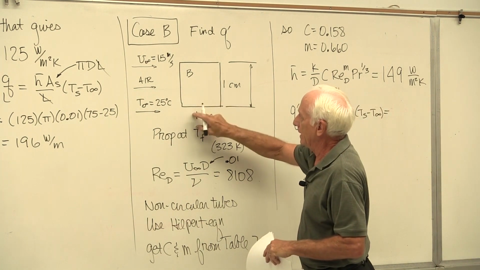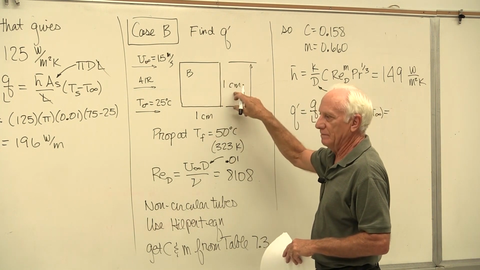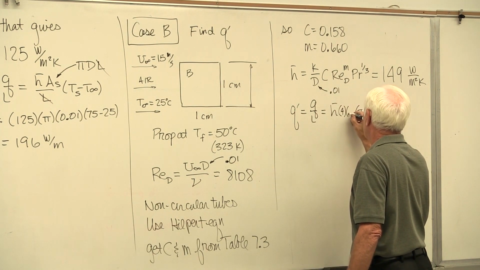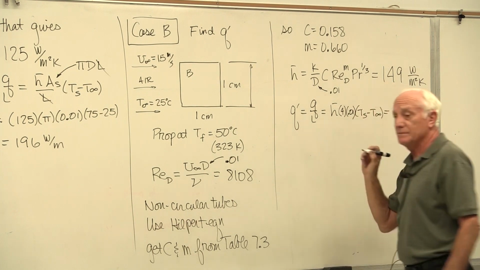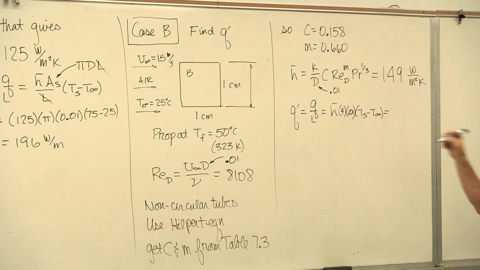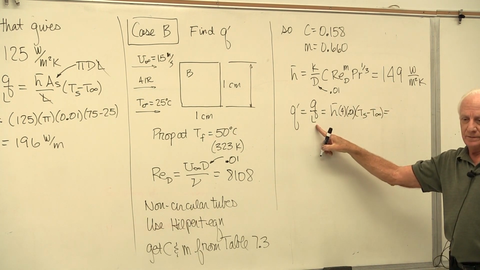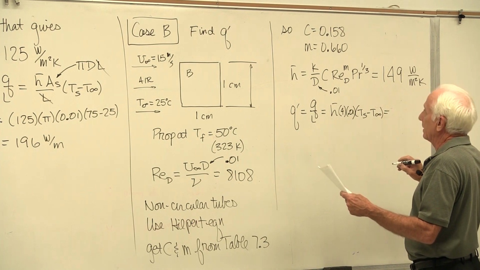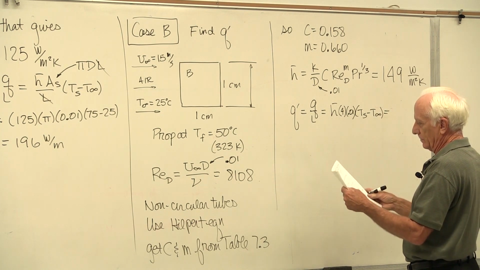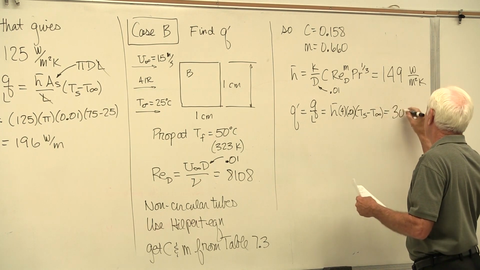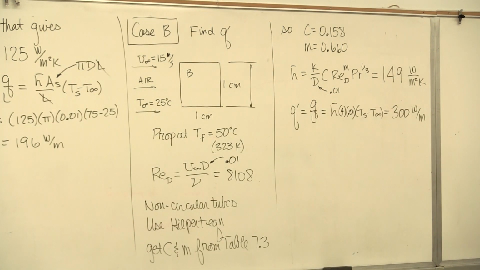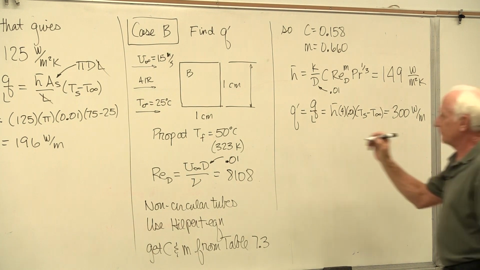Front, back, bottom, top. 4 times that distance. 4 times 0.01. Times L. And then divide by L. The L cancels out. Okay. 374. Let's see, H bar, nope. 300. 300 watts per meter. Okay.